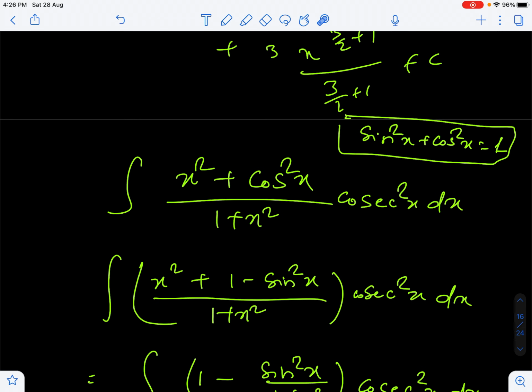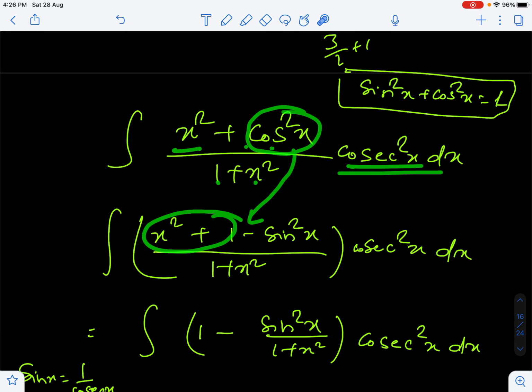Now guys, I have taken one more question, where x square plus cos square x. I am a little bit faster because this is actually not required in physics. This is special mathematics, so I'm not giving too much time here, but you can solve it on your own. x square plus cos square x upon 1 plus x square, cosec square x dx. This cos square I have written as 1 minus sin square x.